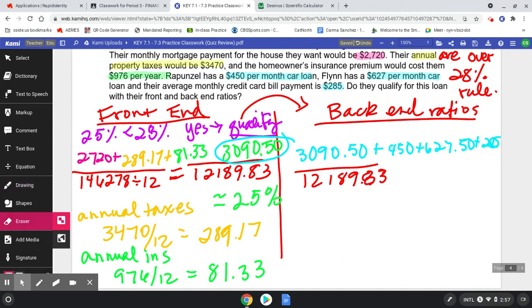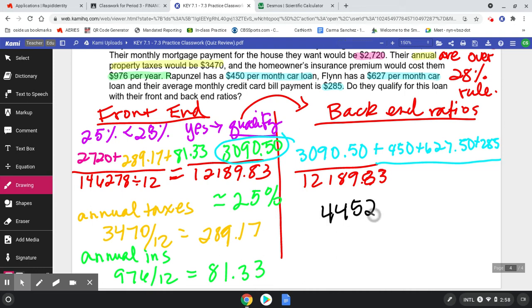Add those all up to get that new numerator. This is called your debt to income ratio, the back end ratio. This, as a general rule, needs to be below 36%. So 3,090.50 plus 450 plus 627 plus 285 comes out to $4,452.50.